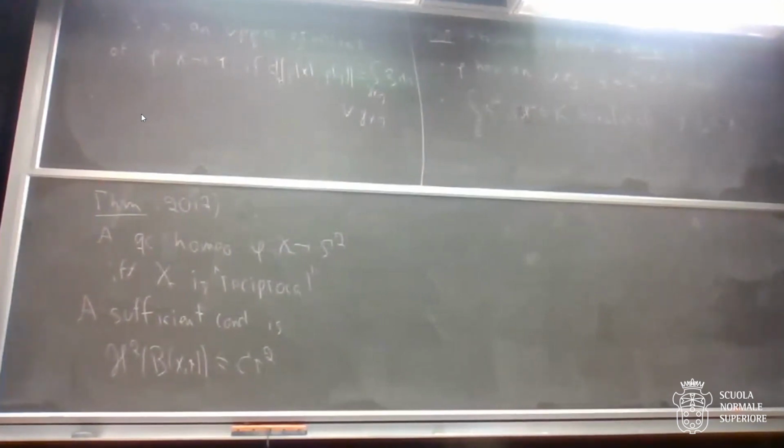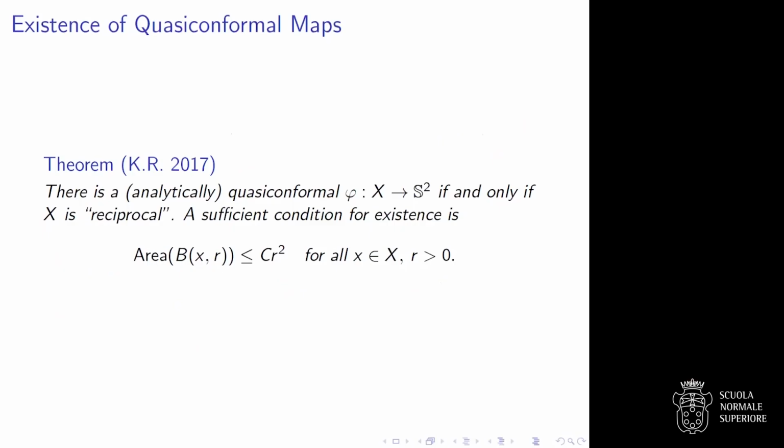That's a good point. If you don't assume any conditions except this upper bound, then you get a quasi-conformal mapping. If you in addition assume LLC, then by the Bonk-Kleiner theorem, you actually have a quasi-symmetric mapping. So the same mapping, which is quasi-conformal, is also quasi-symmetric if you have more conditions on the geometry of the space.